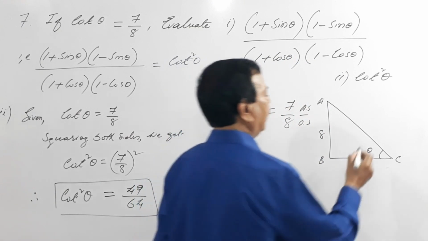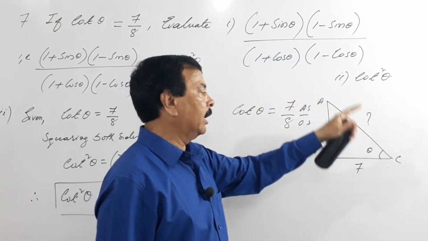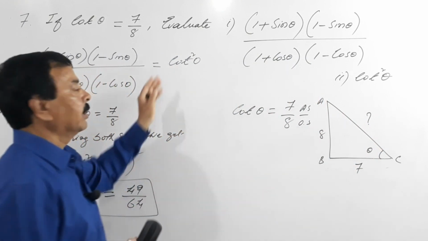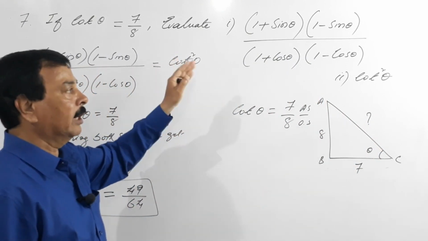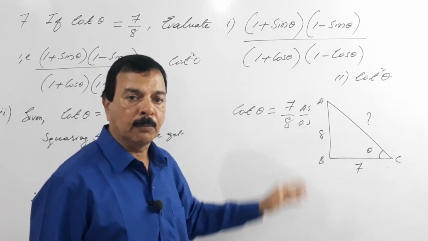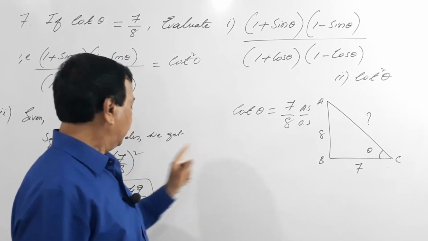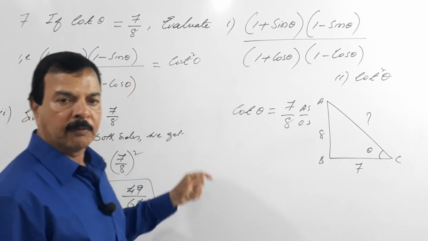So you have to find the value of the hypotenuse, and later on find the values of sin theta and cos theta, and substitute the values here. Instead of going all around the bush, I will show you the easiest method. Okay, dear students, adopt this method to solve this problem, a very simple way.